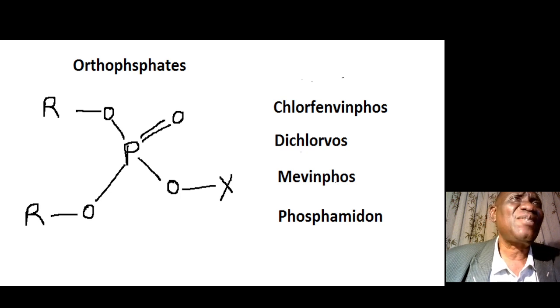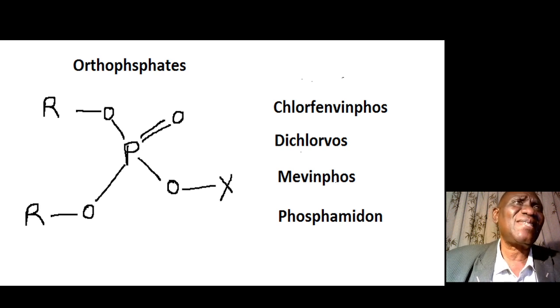P is surrounded by oxygen molecules, and these oxygen molecules are attached to the other group, which could be ethyl, methyl, and of course we have the X, which represent other structures.